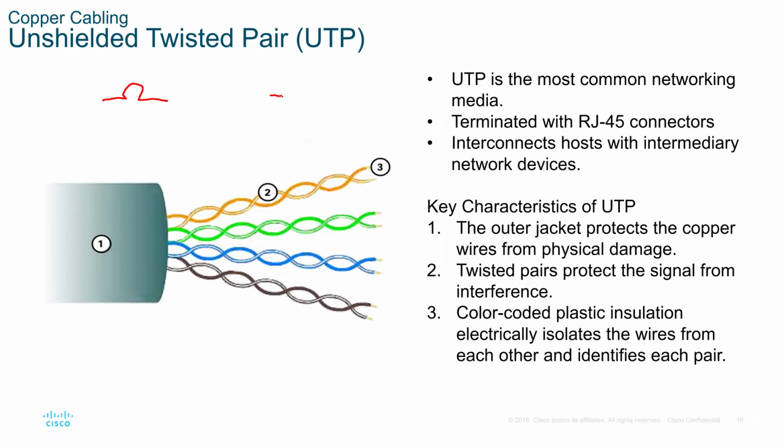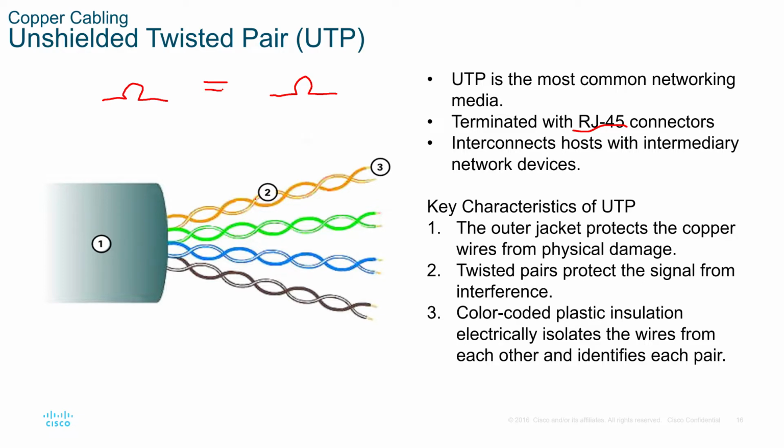If I want maximum power transfer going from the cable into a connector, an RJ45 connector, and into my device, the resistance of the wire must be equal to the resistance of the connector. And that gives us maximum power transfer.